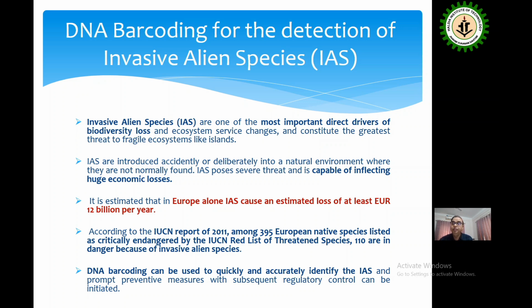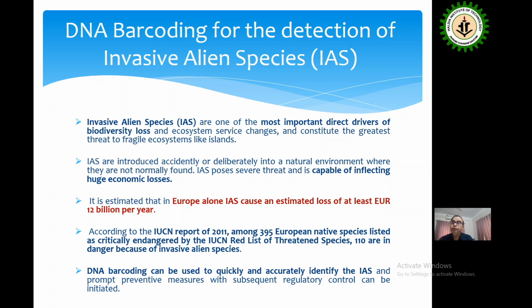The biodiversity loss is a serious concern. So this IAS may be introduced accidentally or deliberately into natural environment where they are not normally found. So from the name you can understand that invasive alien species are those species that are not normally found in the habitat, but they are introduced from some other place.